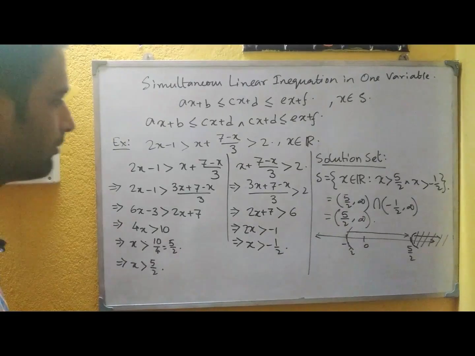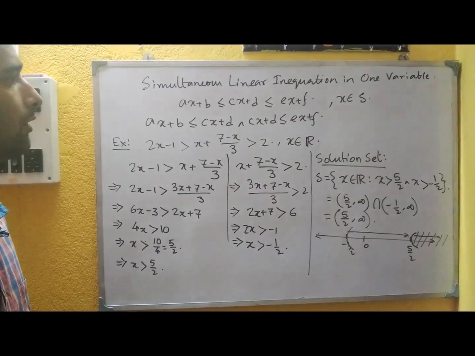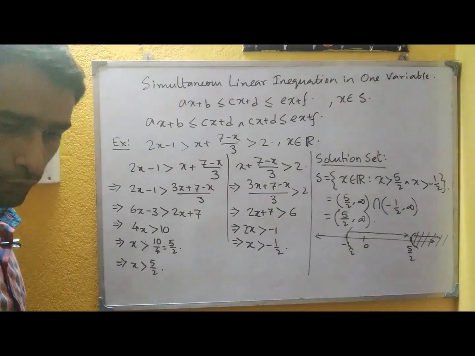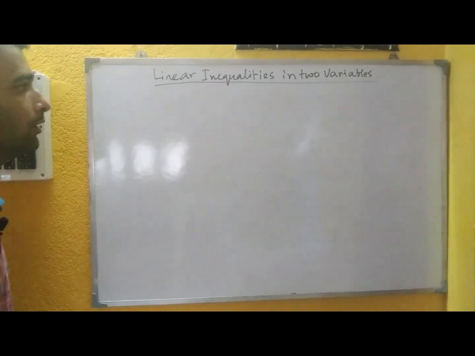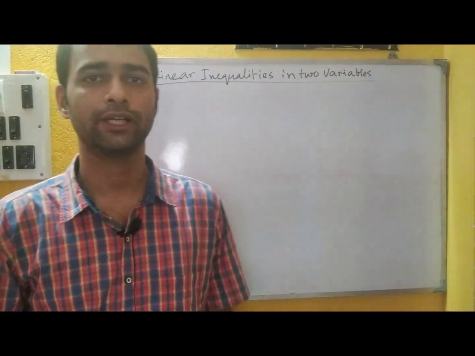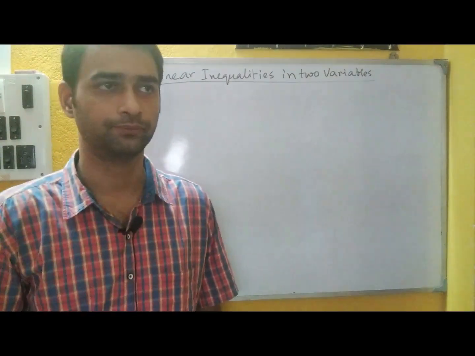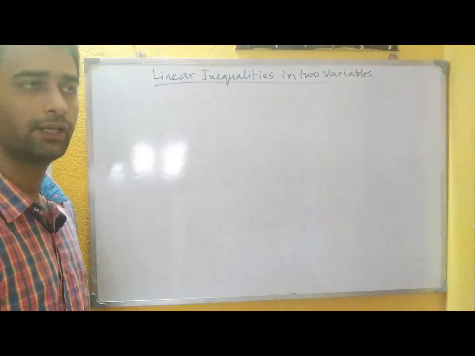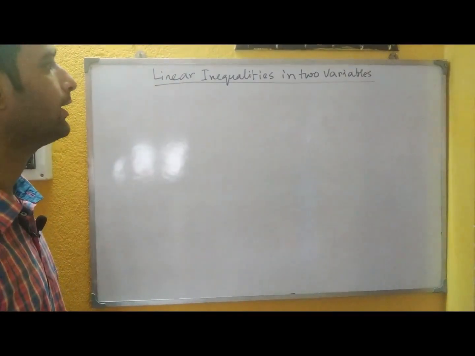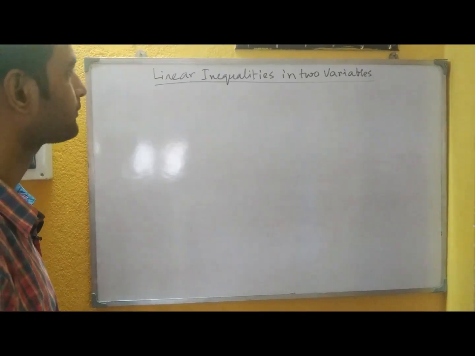Next we come to the idea of linear inequalities in two variables. Till now we have done only the case of one variable, and now you will see how we deal with problems of two variables.